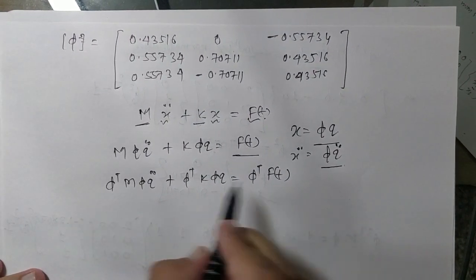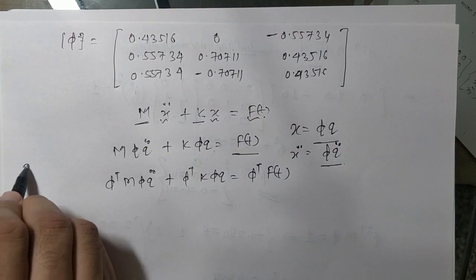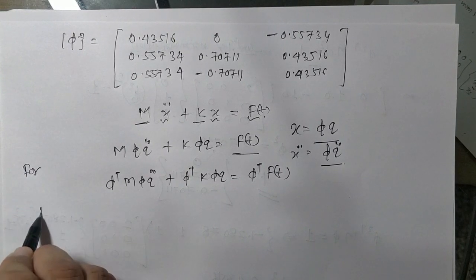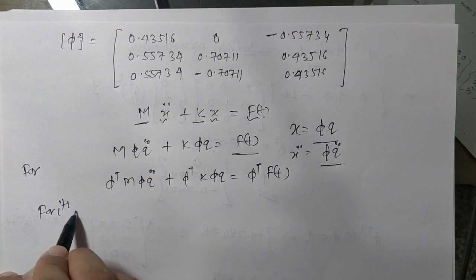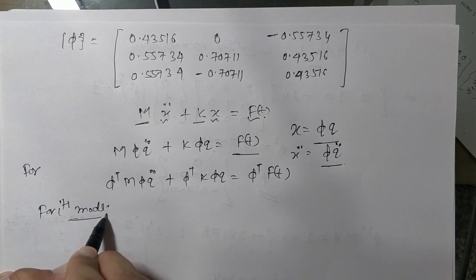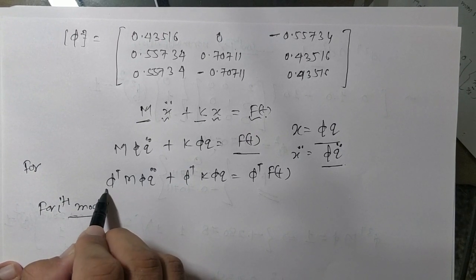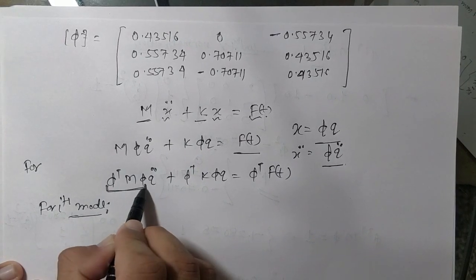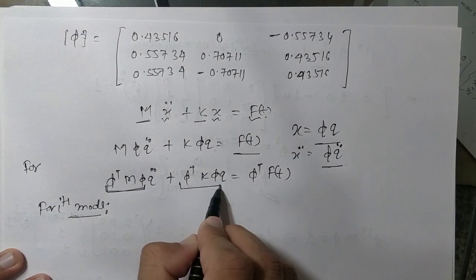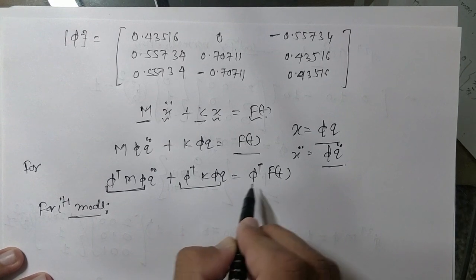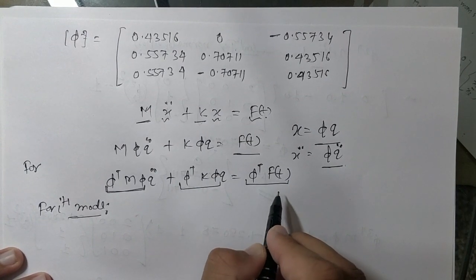And if we write this equation for the ith mode, because as we know that if the mode shapes are normalized, then this quantity becomes the identity matrix, this becomes a diagonal matrix of omega square, and this is our generalized force vector.